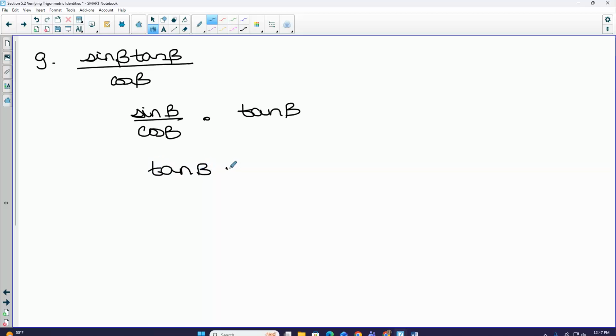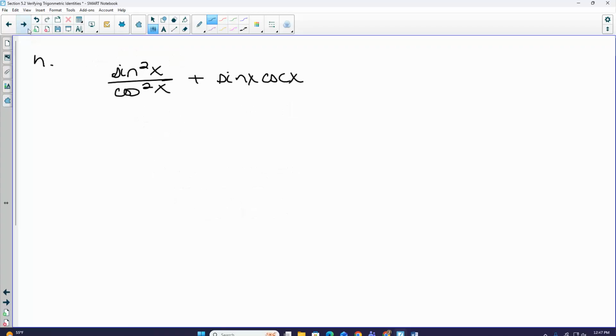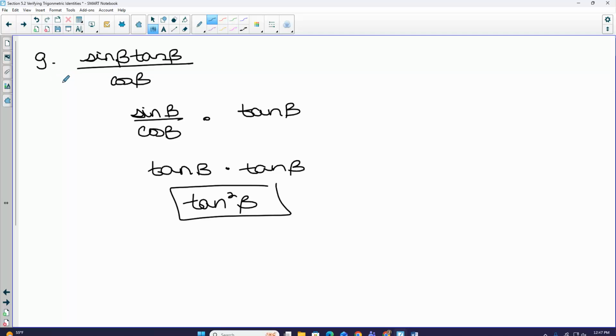So I have tangent beta times tangent beta, which would give me tangent squared beta.